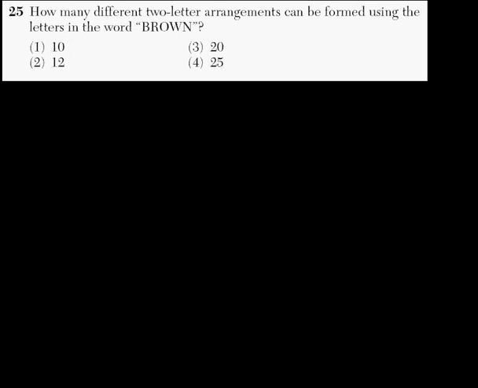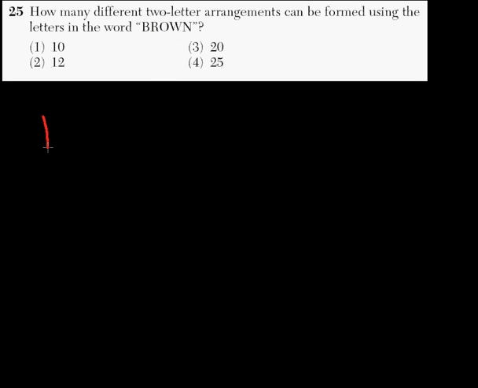And number 25 says, how many different two-letter arrangements can be formed using the letters in the word brown? Now, if you don't know the trick to this problem, it can take a while, because you're going to try and list all the different two-letter arrangements, and maybe halfway through you'll find the shortcut. Basically, brown has 1, 2, 3, 4, 5 letters.